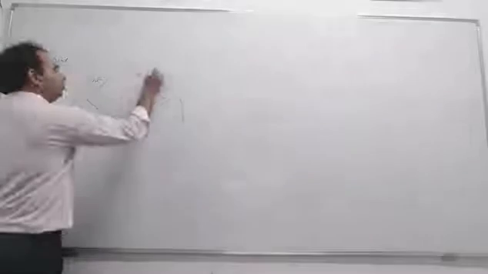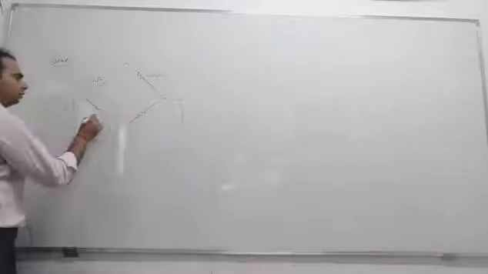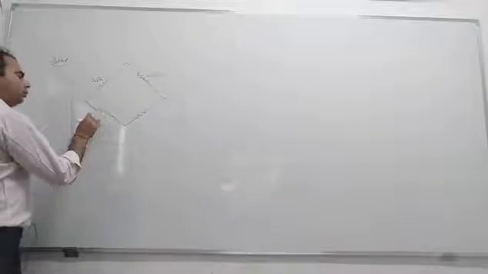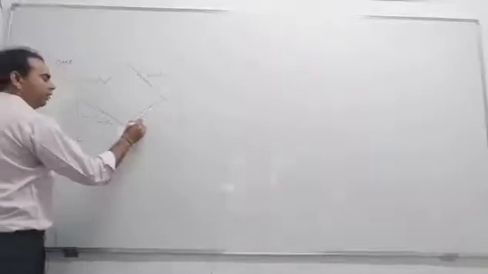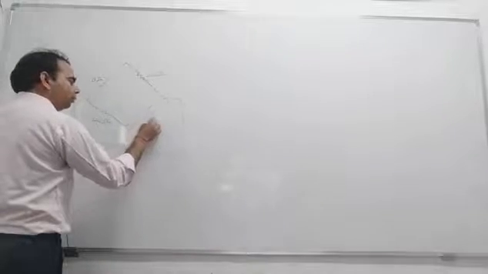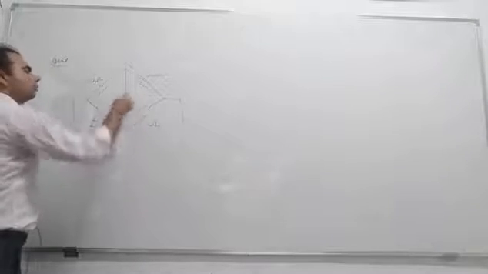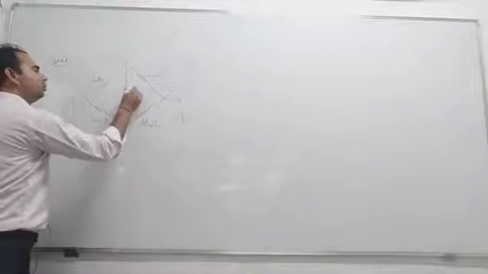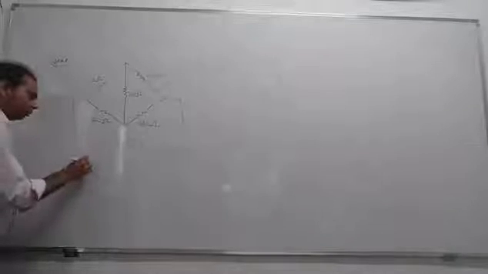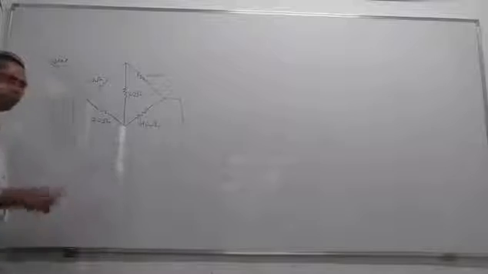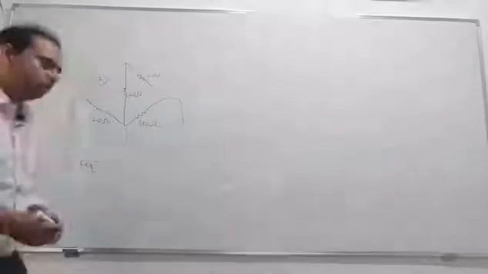This is a 20 ohm resistor. This is a 20 ohm resistor, and this is a 40 ohm resistor, right? Then this one is, let's say, a 30 ohm resistor, right? What is the R equivalent of this circuit? What is the equivalent resistance of this circuit?